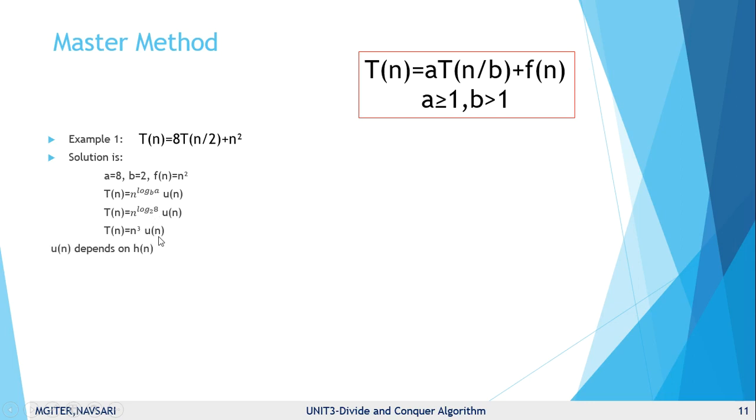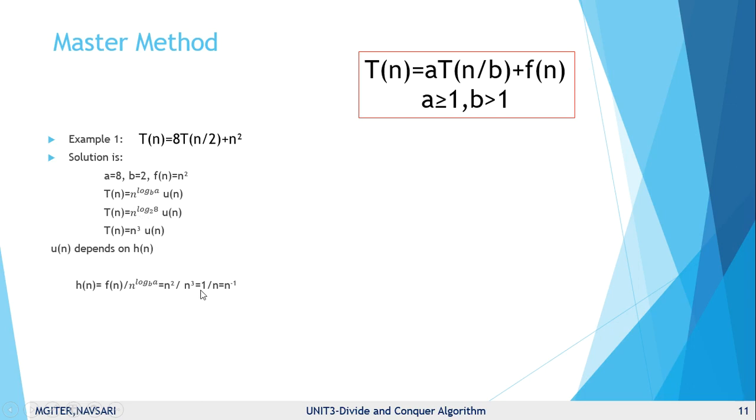Now we find U(n). What is U(n)? That is h(n), which is f(n) divided by n power log base b of a. What is the value of f(n)? That is n square. N square divided by n power log base 2 of 8, that is n cube, which we already found.